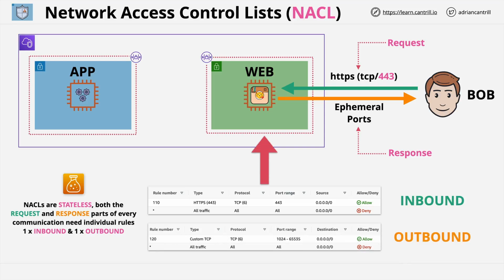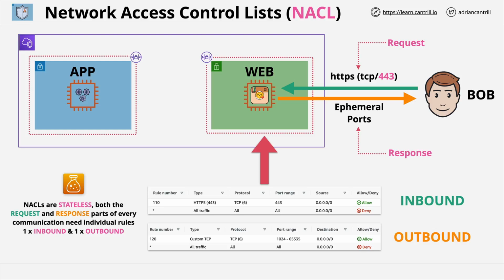Notice how on the inbound rule set we have rule number 110, which allows connections from anywhere, and this is signified by 0.0.0.0/0 through this network ACL, and this is allowed as long as it's using TCP port 443. So this is what allows the request from Bob into the web server.